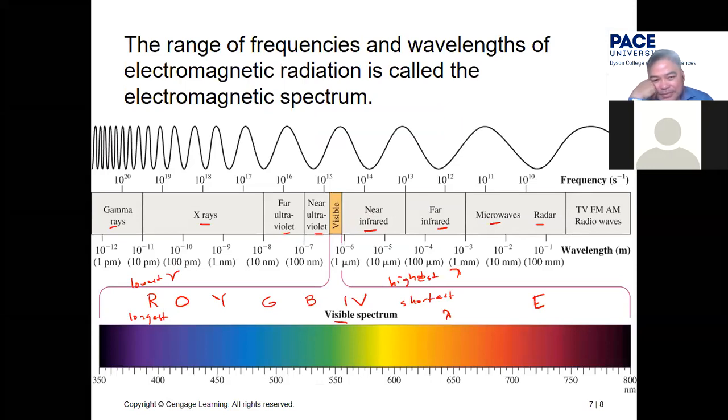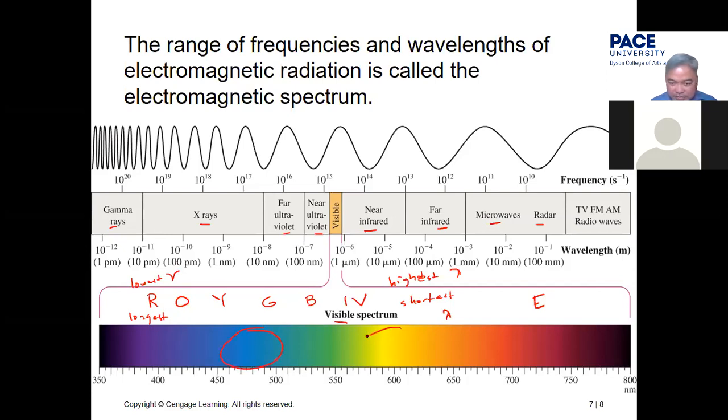Okay? So to the one who answered that question, you're right. The one that is more energetic is the blue. And you can explain it by the ROY G. BIV. As you could see in the ROY G. BIV here, the blue flame is around here. It has a shorter wavelength compared to the yellow flame. So if you have a shorter wavelength, that means you are highly energetic. Can we look directly at the sun?